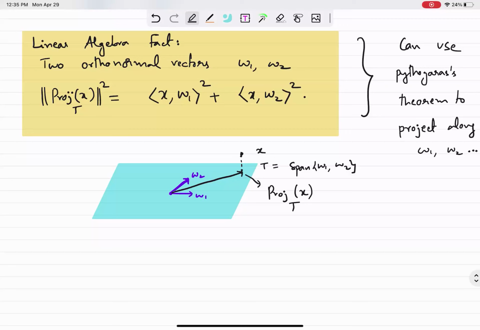Okay, but let's take this for granted for now. Any questions about the statement though? It's just saying that I can easily compute the length of the projection onto a span of orthonormal vectors by looking at the sum of squares of the inner products. Okay. And the proof would be like, I can use Pythagoras' theorem to say something like this.